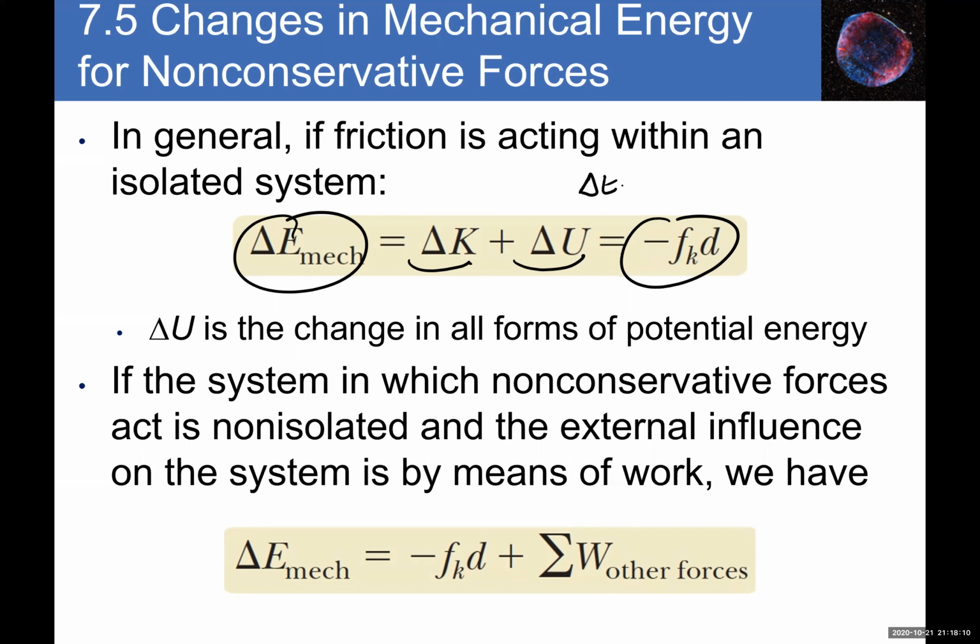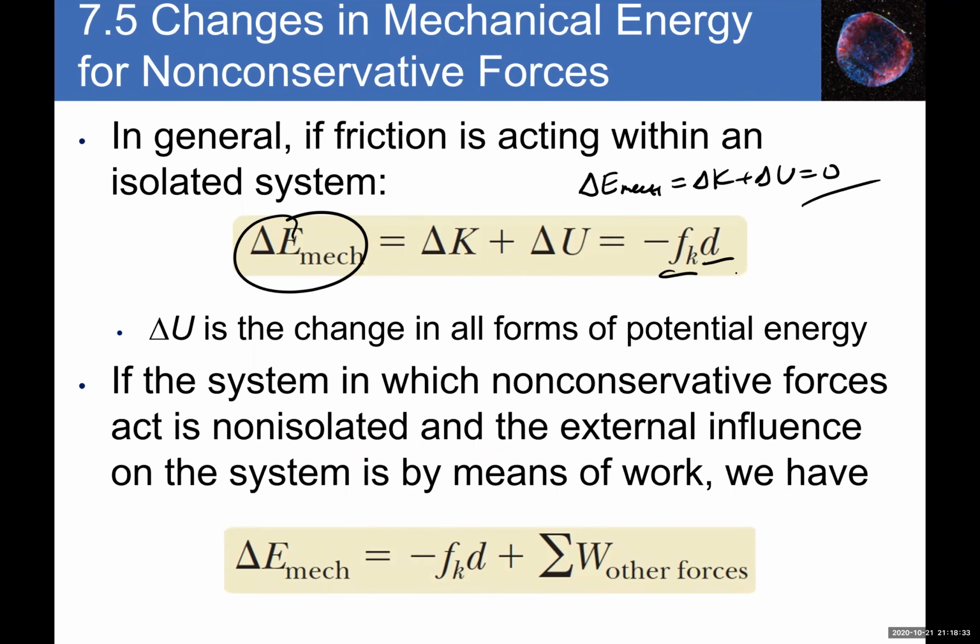See, the change in mechanical energy before, which was delta K plus delta U, was equal to zero in an isolated system if there was no friction. But if there is friction, then it equals the work done by friction, which is negative f_k d. The d is how much distance it will travel while the friction is acting on it, and f_k is the magnitude of the friction.